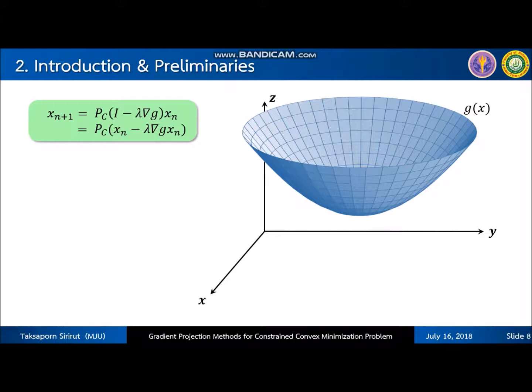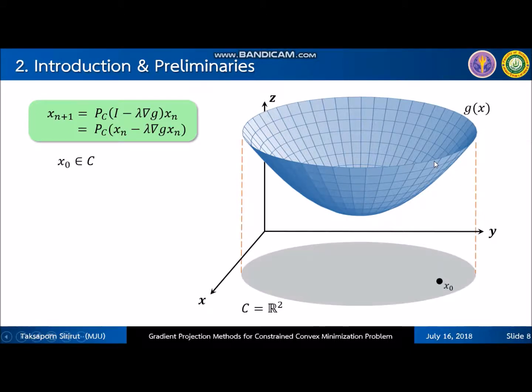Next, we will show how to use the iteration to find a minimizer of function g. This is the methodology. We start with x0 in C, and x1 is the composite of PC and I minus lambda gradient of function g at x0. See the picture? The gradient of function g at x0 is in the same direction as the normal vector. In Thai language, we say the vector is a unit normal vector, and it is minus lambda gradient of function g at x0.